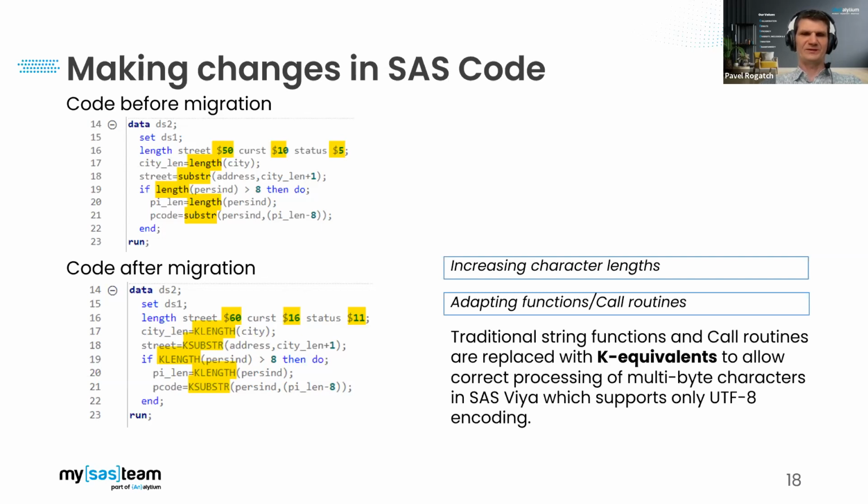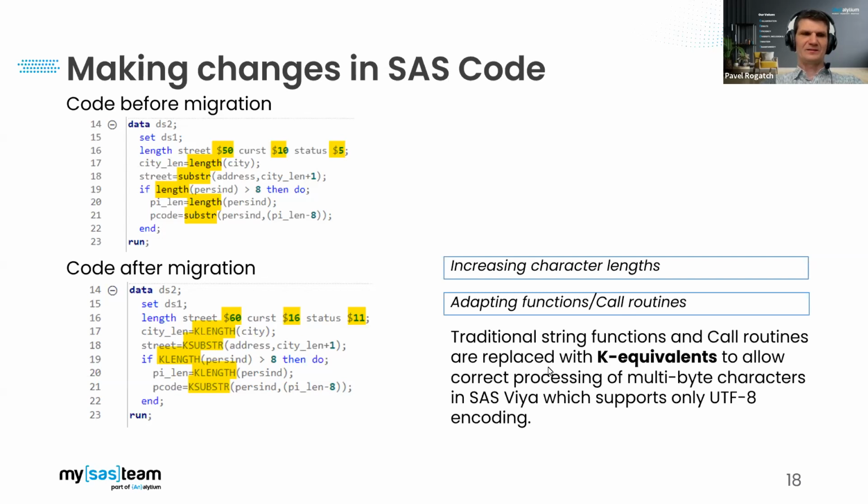Instead, SAS interprets the format length as a number of bytes that the format will use when it displays the string. This is why the length of the format must be big enough to display all of the characters in a UTF-8 string. So length and format length of character variables in the code were increased to allow for multi-byte characters.